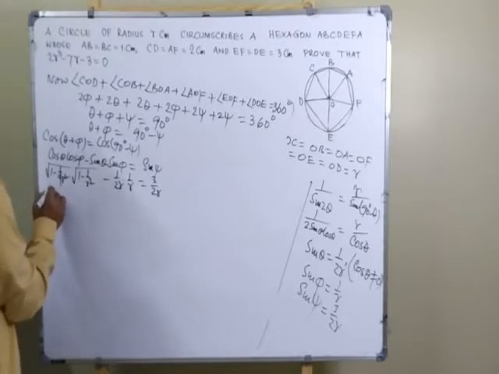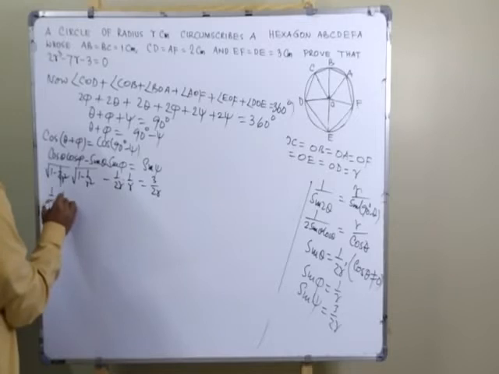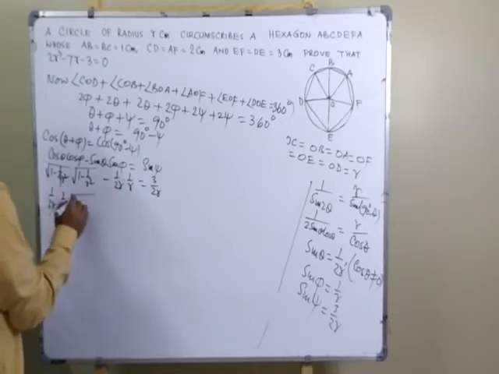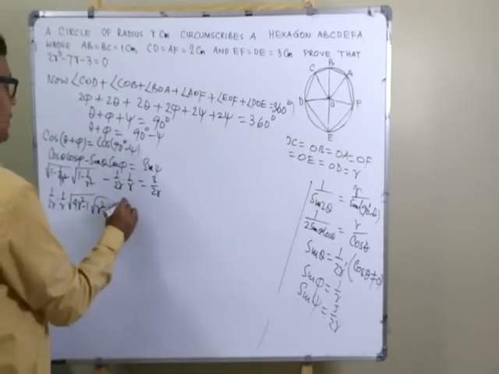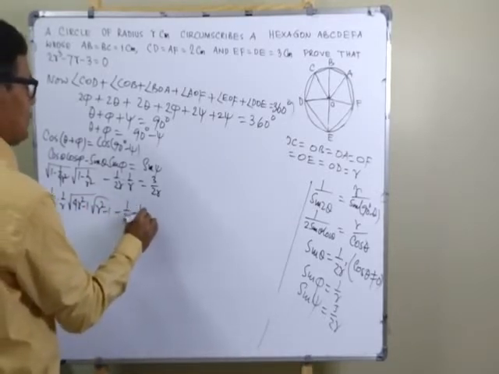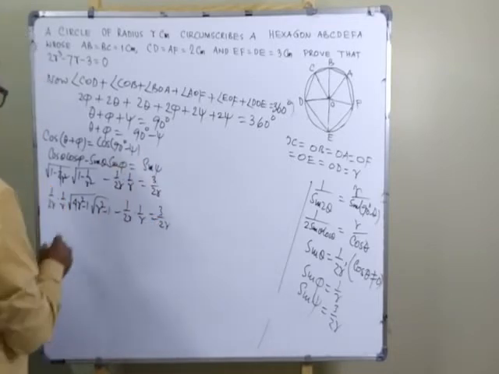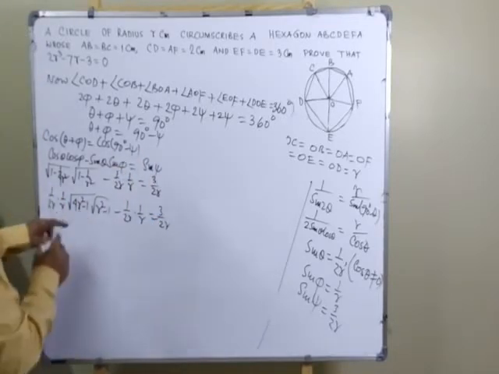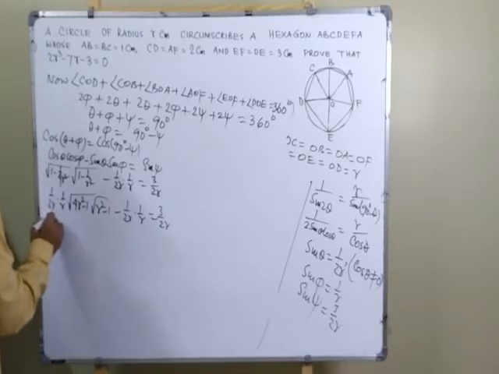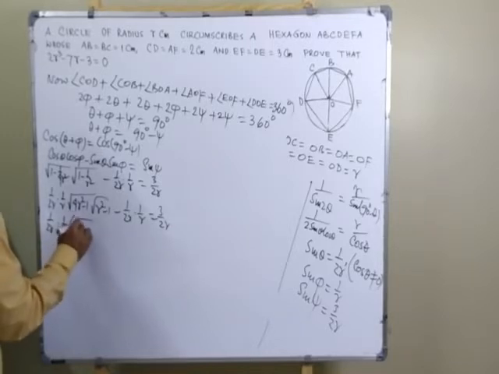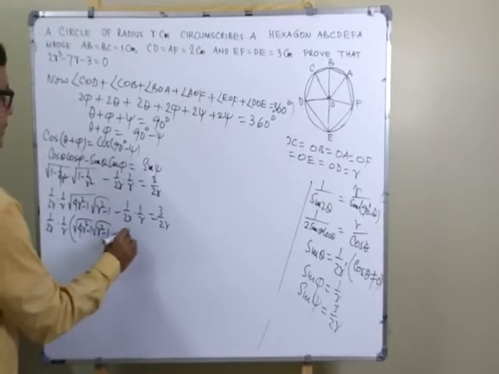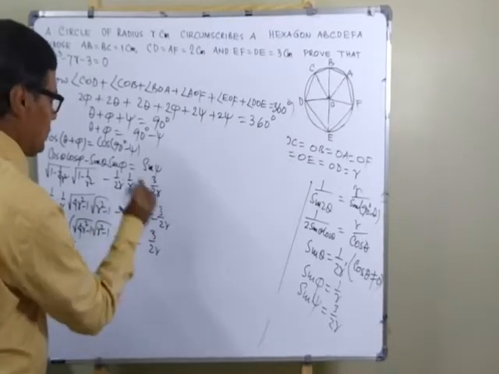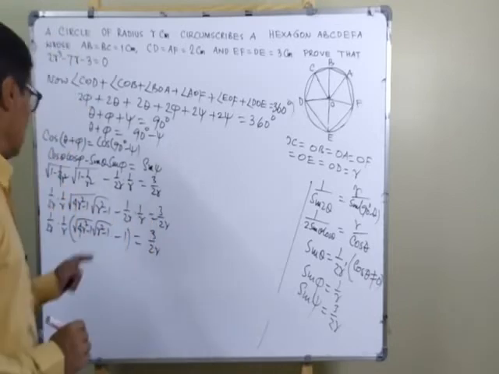After simplification we get 1 over 2r multiplied by 1 over r multiplied by root of 4r square minus 1 multiplied by root of r square minus 1, minus 1 is equal to 3 over 2r. We can factorize this expression.